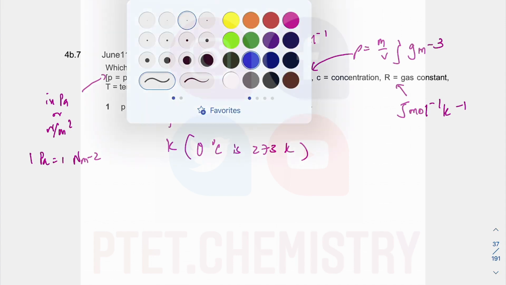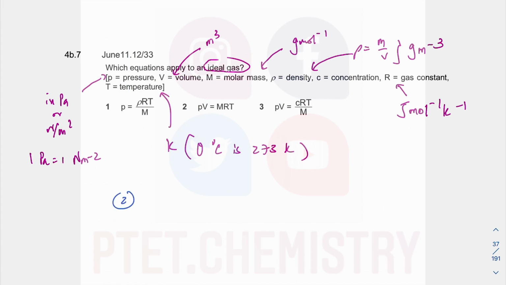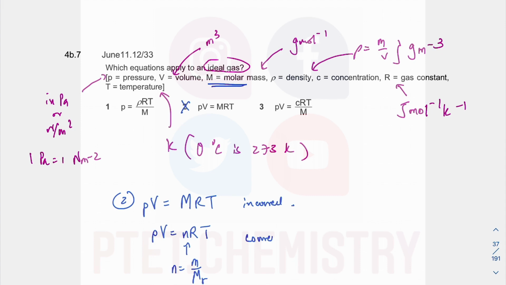Looking at option 2, it says PV equals big M over RT, and we know that's incorrect because big M equals molar mass. The correct one is PV equals nRT, where n equals mass over Mr. So that is incorrect, this is correct.